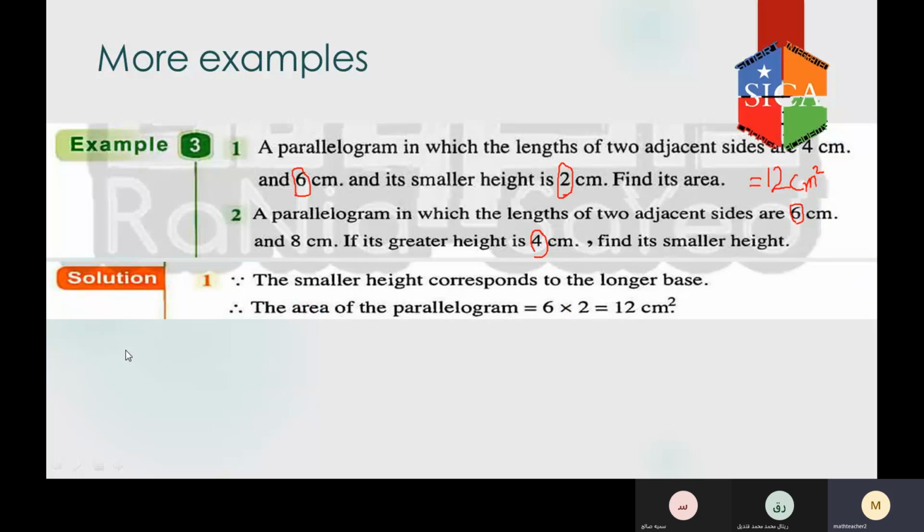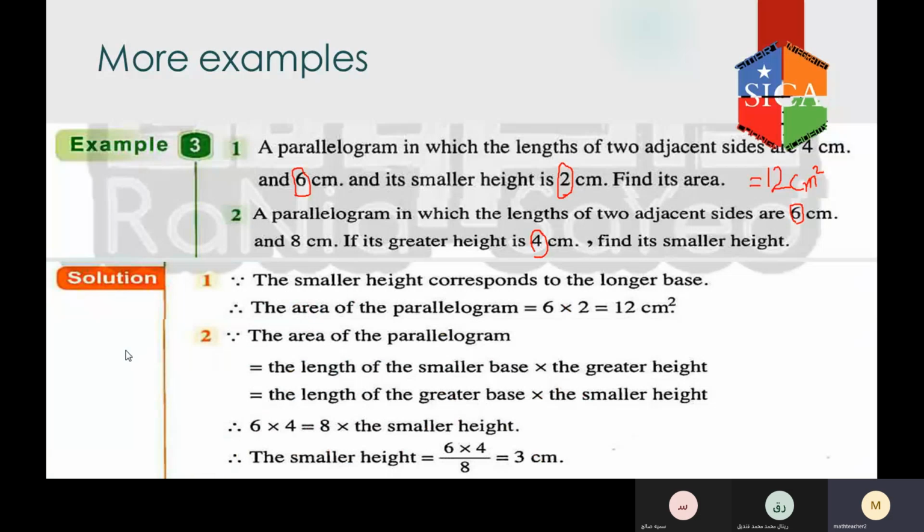Let's see the solution. The first one, the smaller height corresponding to the longer base, then the area of the parallelogram equals 6 times 2 equals 12 square centimeters. The second one, here you want to find the smaller height.